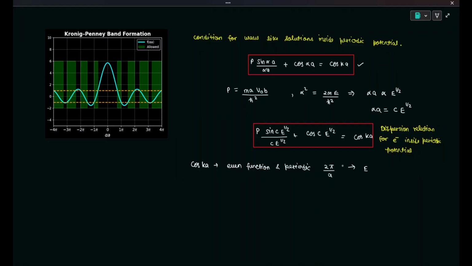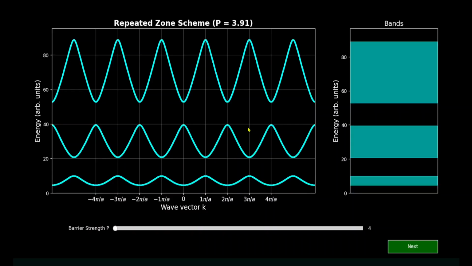So we will show this periodic representation of energy as a function of wave vector k for the first few allowed bands. Since the energy is periodic as a function of k, for a particular value of energy there are multiple possible values of wave vector k.